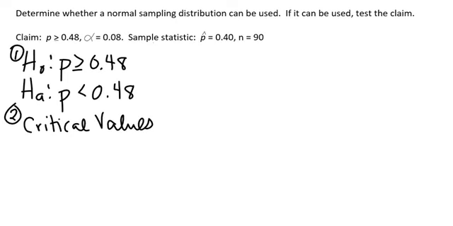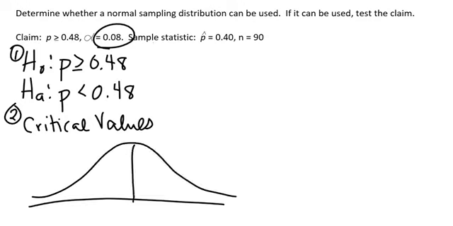To find our critical values, we're going to have to go to the z-table. In this problem, our alpha is 0.08. So first, let's draw a picture to see what we're looking for. Look at the alternative hypothesis to determine if this is a left tail test or a right tail test.